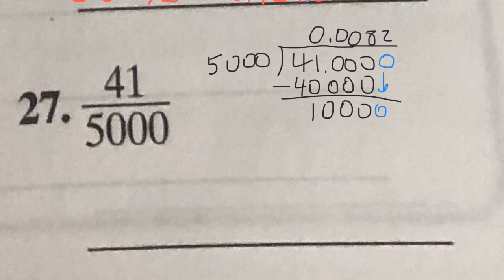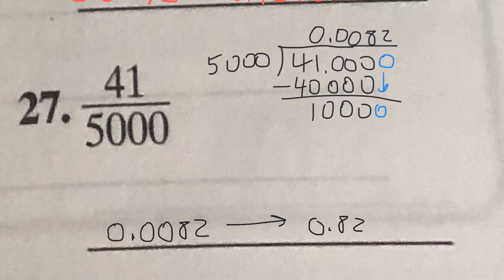So really, the decimal is 0.0082. Turning that into a percentage means moving the decimal twice to the right, so that would become 0.82%. Okay, so I hope that makes sense.